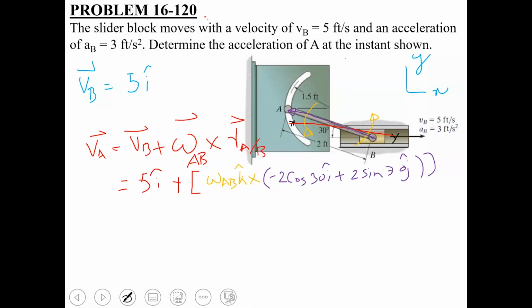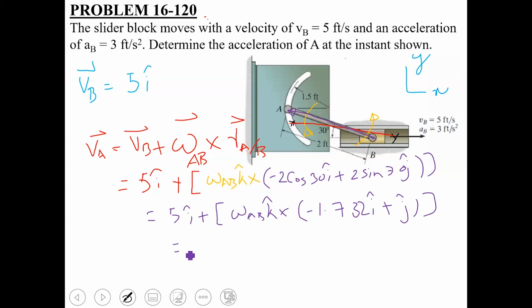Once you take this cross product, it becomes 5i plus omega AB k cross (minus 1.732 i plus j). Again, after taking this cross product, it is 5i.